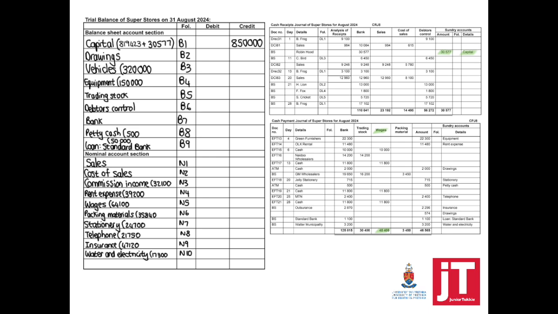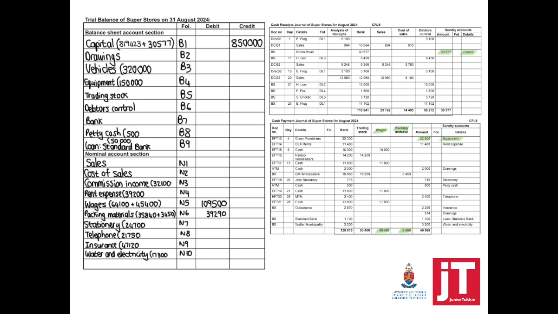So I'm focusing on everything that we haven't done yet. Wages, the total will be added to wages, and then we calculate the final amount. So we do it at exactly the same time. Packing material, 3,450 must be added. What is the total on the debit side?